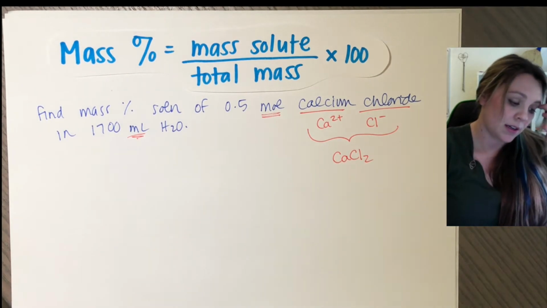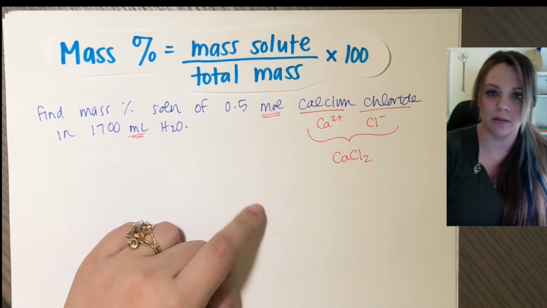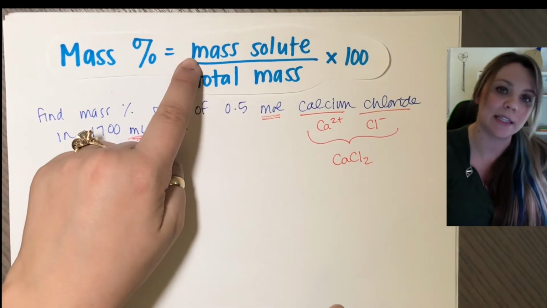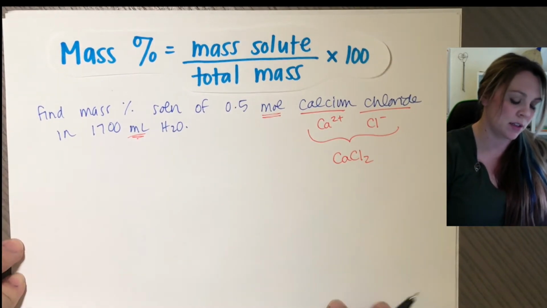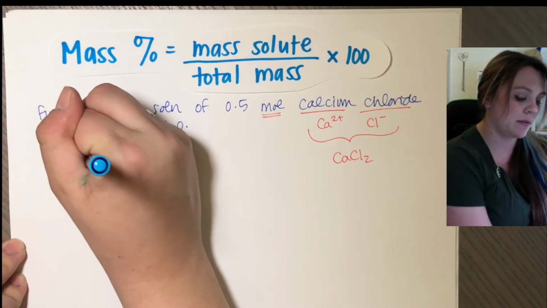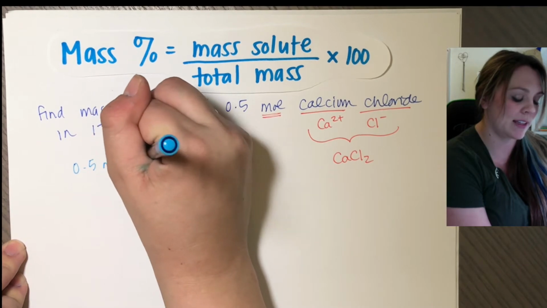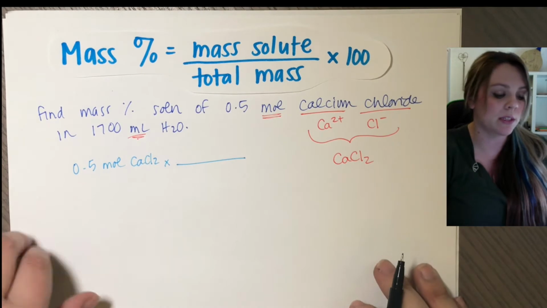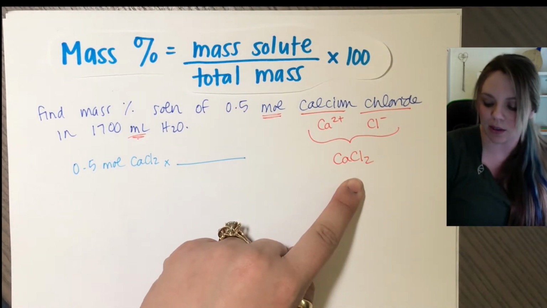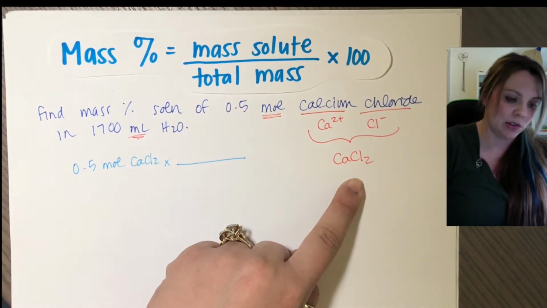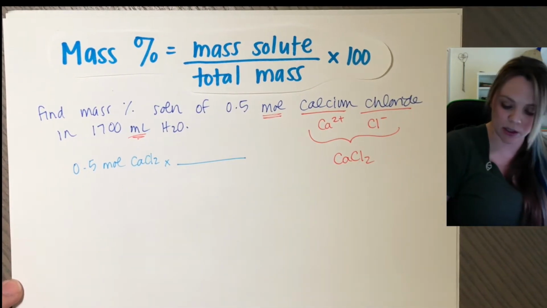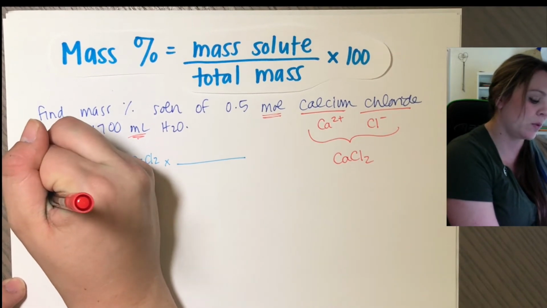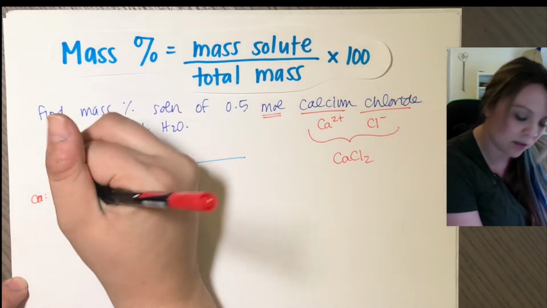That'll be important because we'll need to convert. Again, we're going to have to use our periodic table to convert from moles into mass now because I want a mass percent. So if I start with 0.5 moles of CaCl2, I now want to convert to grams, which means I need to look up on my periodic table and find my molar masses. So I guess I'll write it over here. All right, calcium is like 40.08.